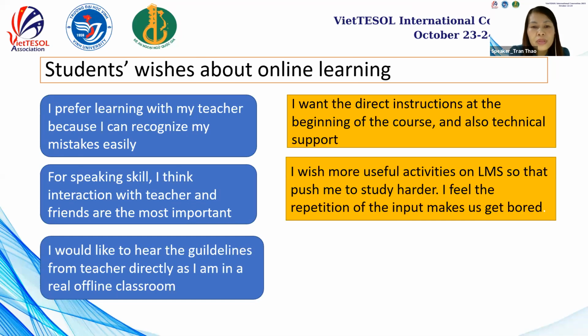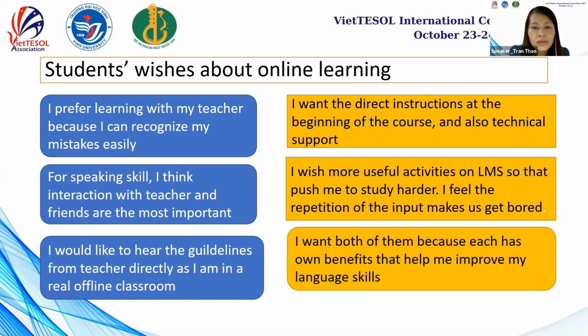I feel the repetition of the input makes us bored. And the last one: I want both of them because each has benefits that help me improve my language skills. So here, the blue color is about the wishes for synchronous learning, and the yellow one is about the wishes of students for asynchronous online learning.